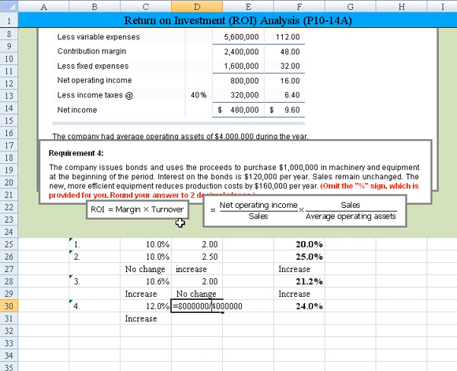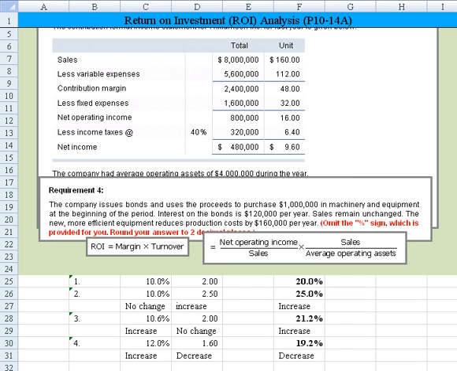So let's go ahead and bump up the 4 million plus the 1 million increase, right? And that goes to 1.6, so that represents a decrease. As a result, we wind up with a net decrease down to 19.2. That takes care of number 4.